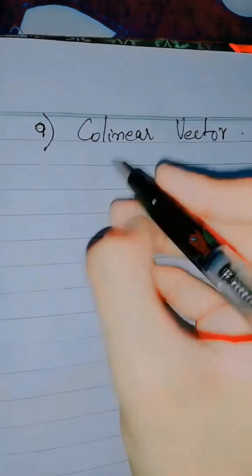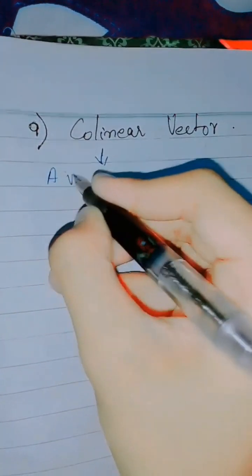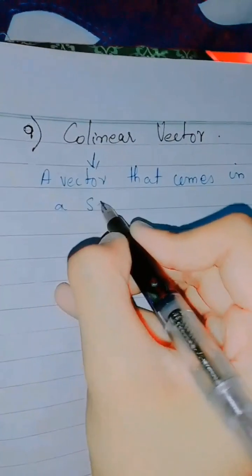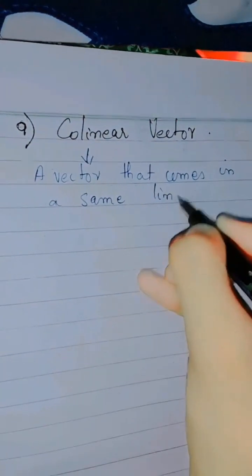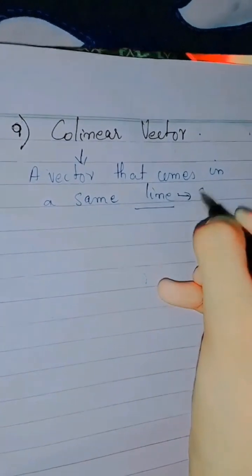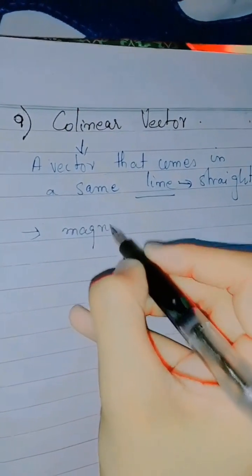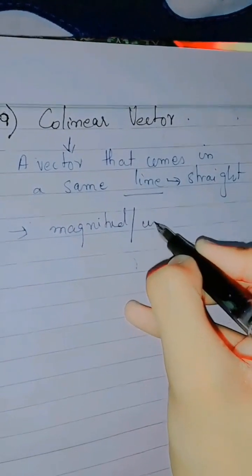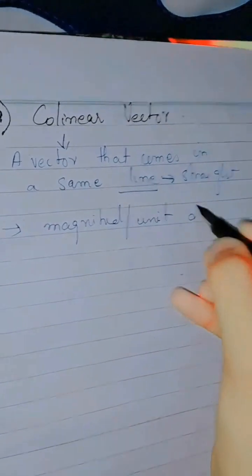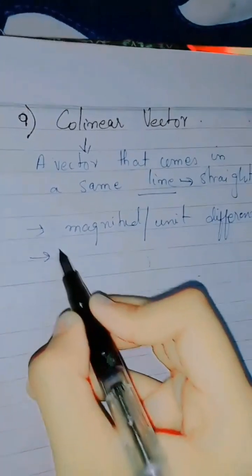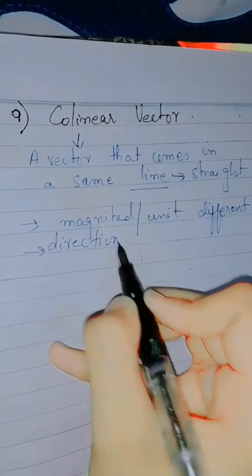Collinear vector is basically a vector that comes in a same line, a straight line, and the magnitude and unit can be different, but the direction will be same.